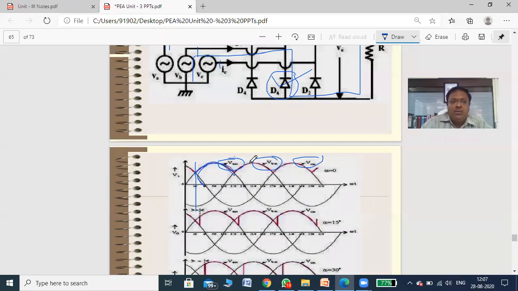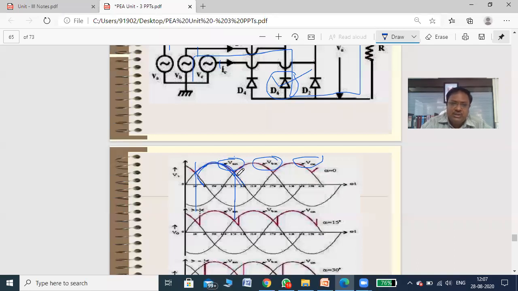Okay, now at this instant, that is alpha equal to 150, 30 plus 120 equal to 150. At alpha equal to 150, what happens? The phase B is becoming more positive, phase C is most negative, and phase A is decreasing.